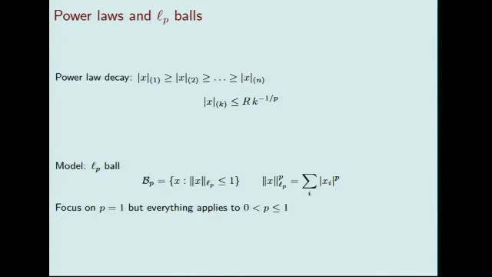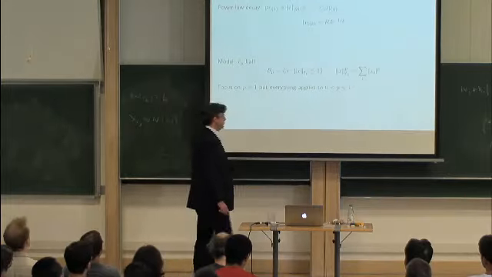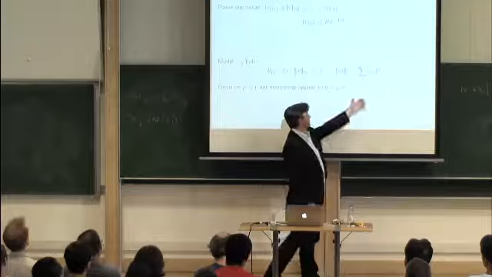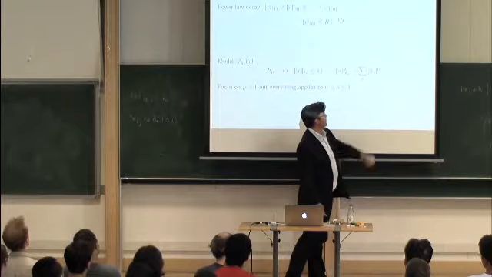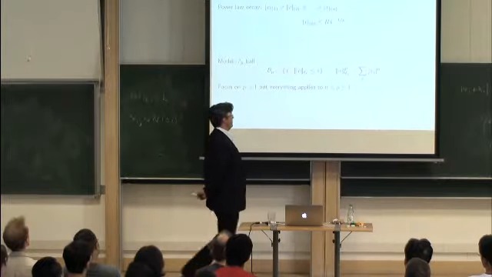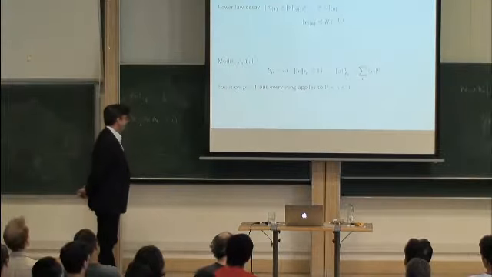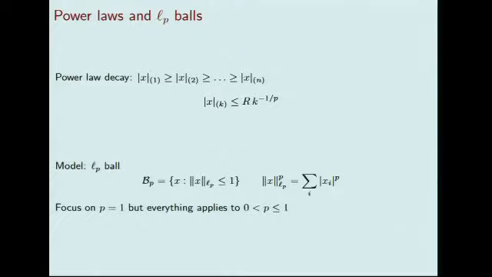The p norm is not really a norm when p is less than 1, because it does not obey the triangle inequality, but it's the sum of |x_i| to the power p, to the power 1 over p. Just for simplicity, I'm going to focus on p equals 1, but everything applies to p between 2 and 0.